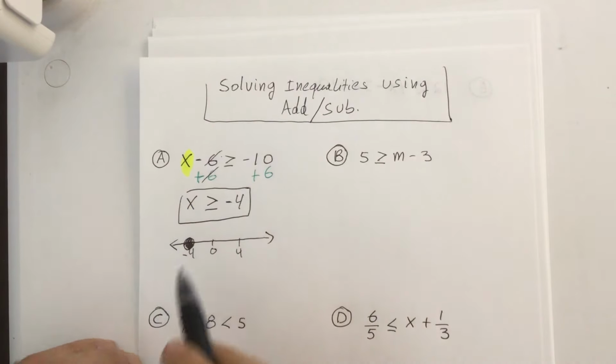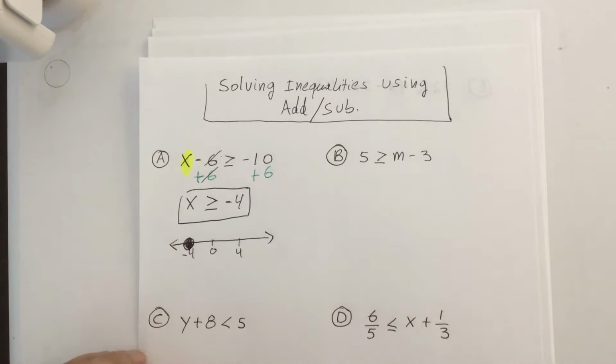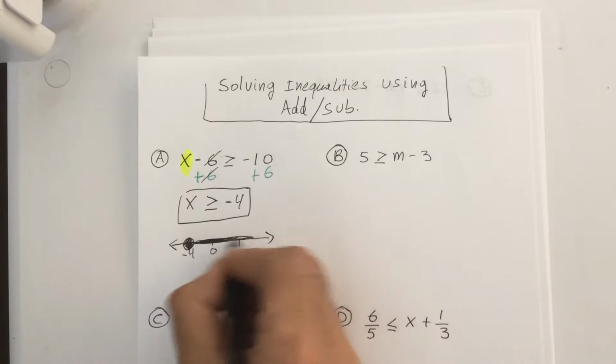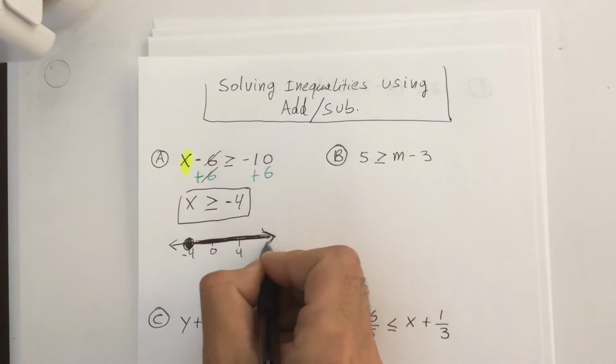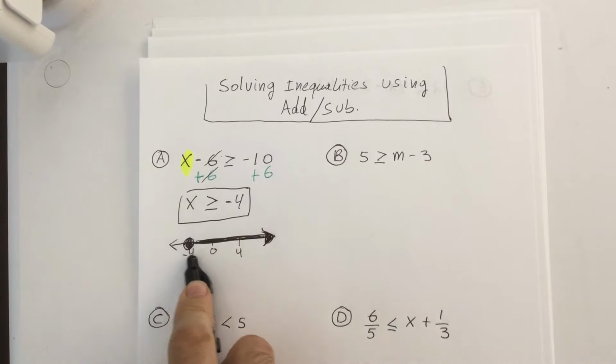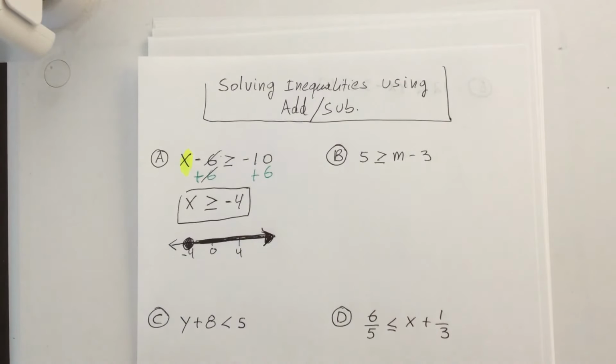And it's all the numbers that are bigger than or equal to negative 4. So that will be negative 3, negative 2, 0, 1, 2, 3, 4, a million. All of these numbers going that way, from negative 4 all the way to infinity, all the numbers to the right.